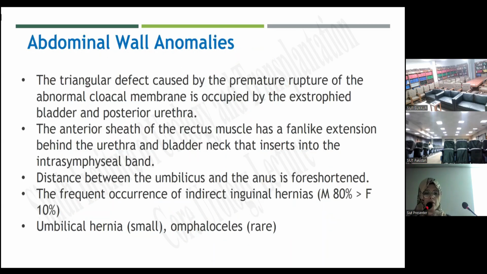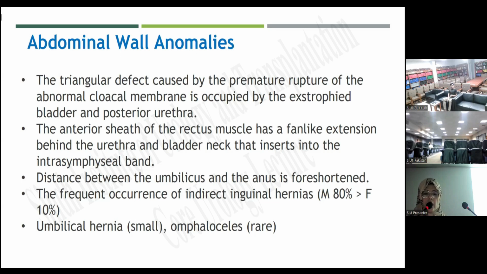The abdominal wall anomalies include a triangular defect that occurs mainly due to the premature rupture of the cloacal membrane, and that defect will be occupied by the exstrophic bladder and the posterior urethra. The anterior sheath of the rectus muscle has a fan-like extension that inserts behind the urethra and the bladder neck into the intersymphyseal band, and the distance between the umbilicus and anus is short.